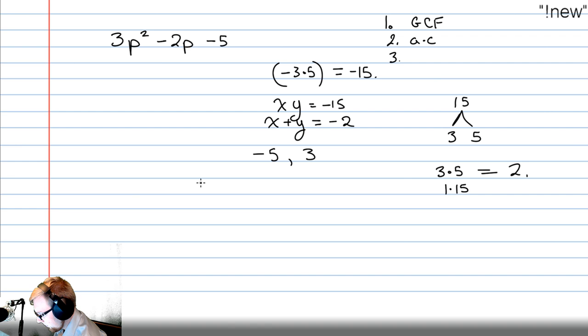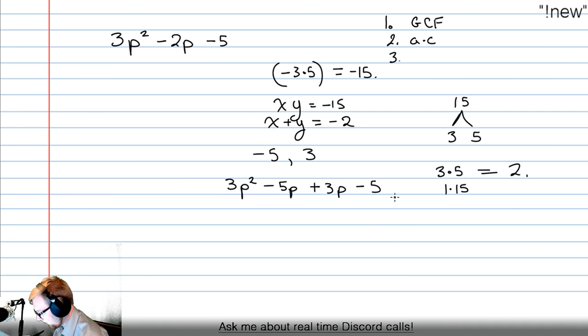We have p squared minus 5p. So 3p, you don't need the parentheses first. So you were writing 3p squared minus 5p, plus 3p minus 5. Now you're regrouping, right?